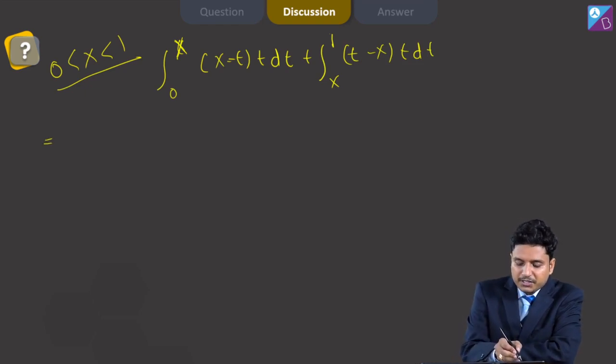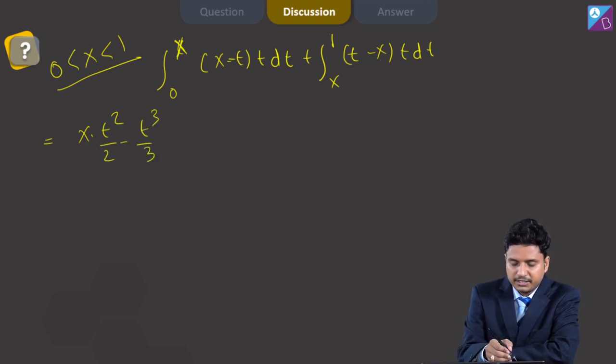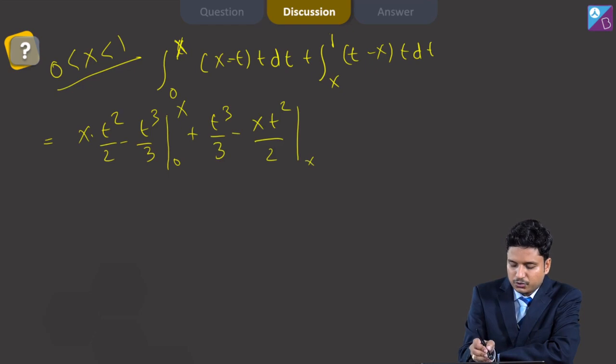So what will be the expression? It is x t square by 2 minus t cube by 3, xt, its integration is x t square by 2, t square's integration is t cube by 3, and here it is from 0 to x, plus in this case it is t square, so t cube by 3 minus xt square by 2, and it is integrating from x to 1.